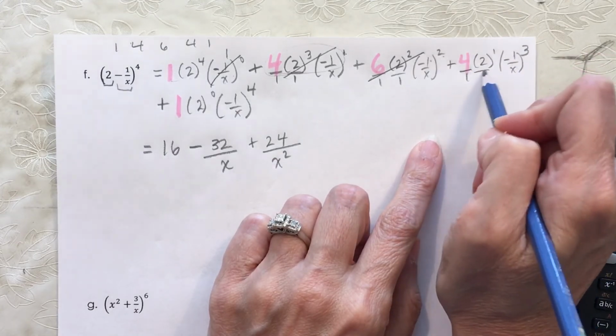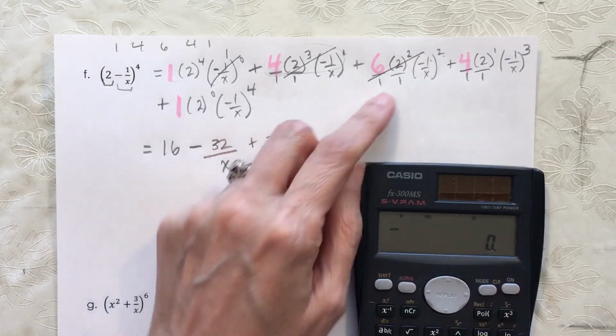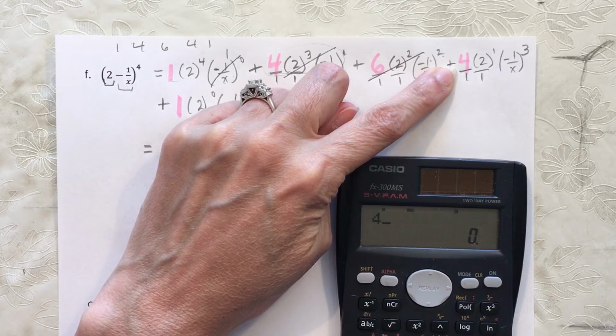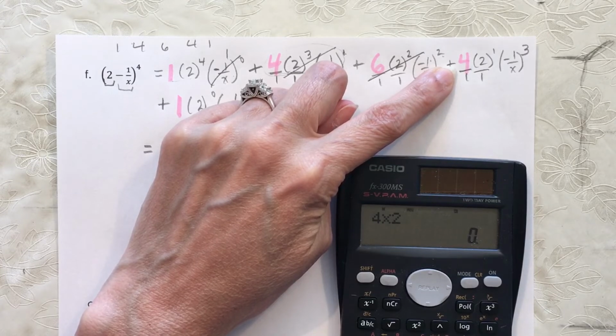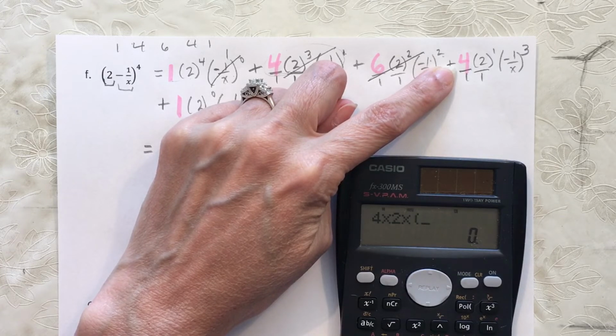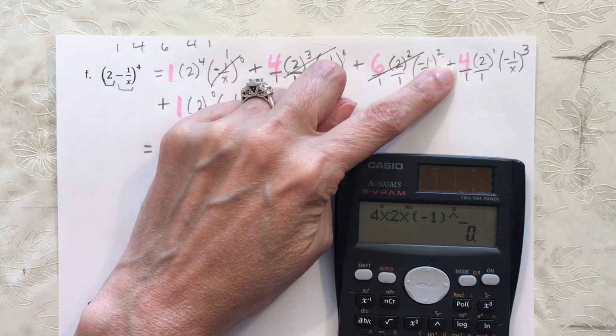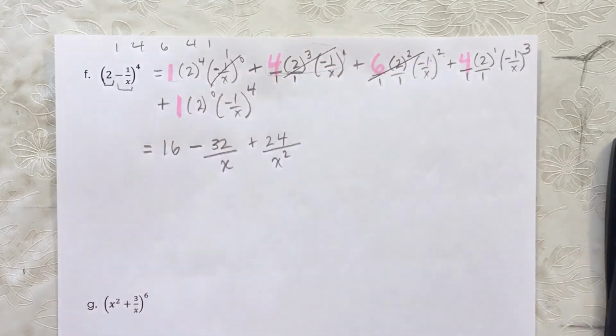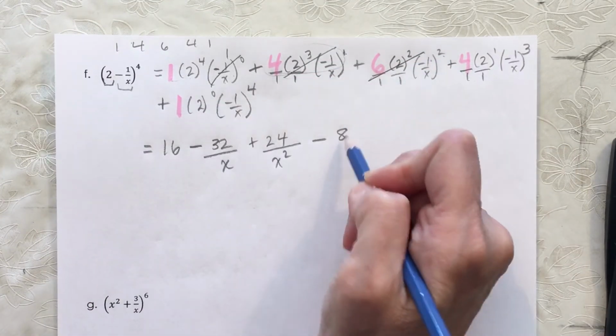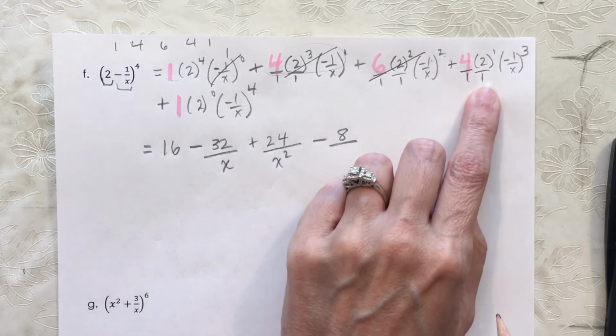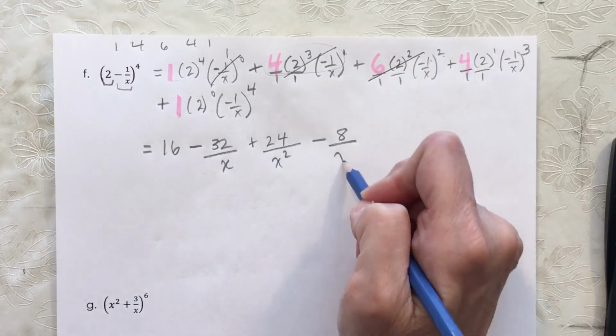So here I can do my 4 times 2 to the 1, which is just 2, times negative 1 to the power of 3. That gives me negative 8. And for my denominator, it's 1 times x cubed, which is x cubed.